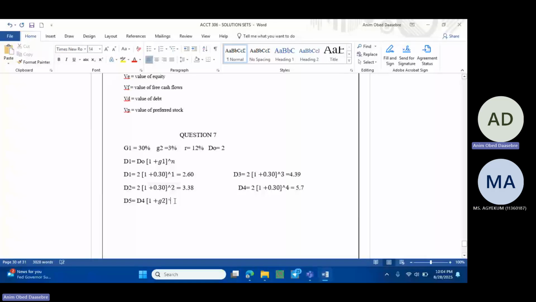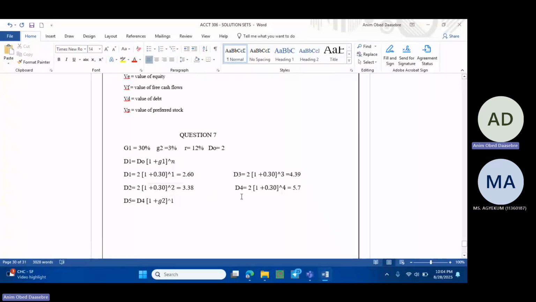Okay. We are growing it by the G2. And this value will be forever. So after the D4, we said that the dividend will grow indefinitely by the G2.